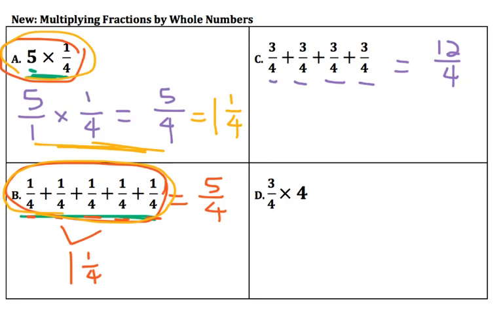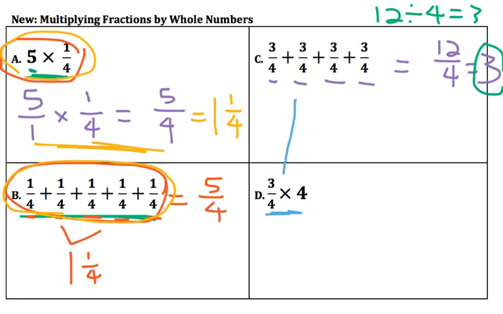Because 4/4 would be a whole, 8/4 would be 2 wholes, 12/4 would be 3 wholes. You could have also just thought of this as 12 divided by 4 is 3. So that's our answer.